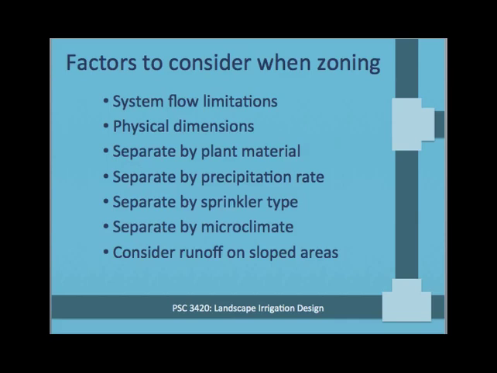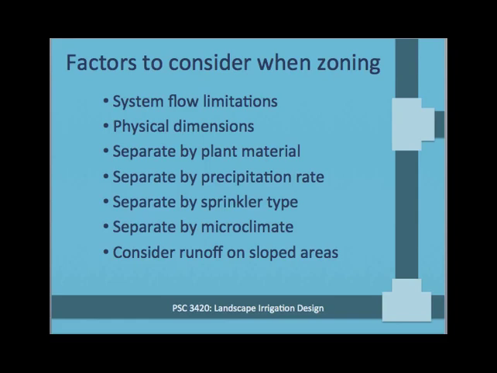Now, some factors to consider when zoning include the system flow limitations, the physical dimensions of the area, and then you're also going to want to separate areas by plant material. For example, you wouldn't want to have a turf area irrigated on the same zone as a shrub bed because it's likely they have very different water requirements. So you're going to want to separate zones by plant material.